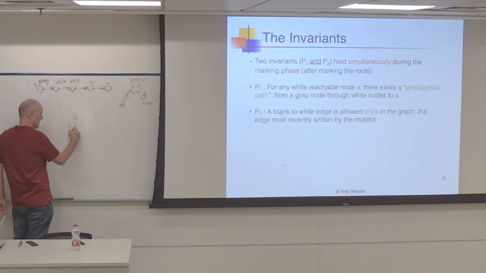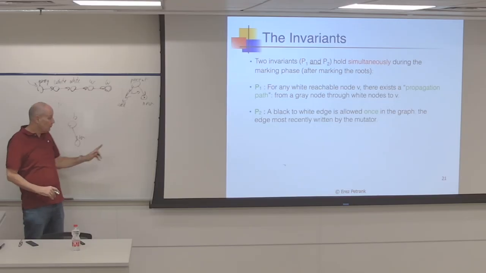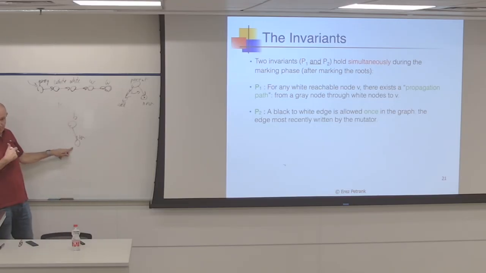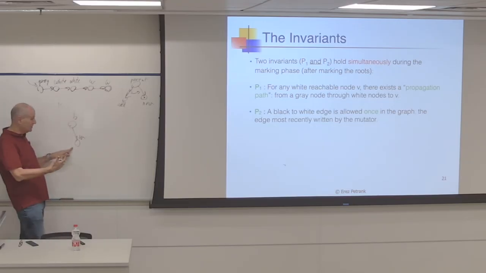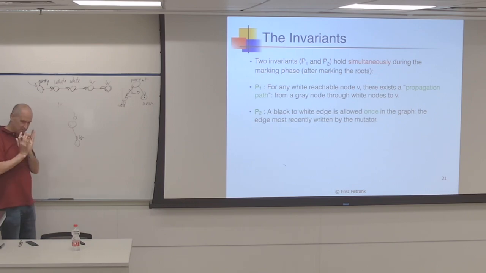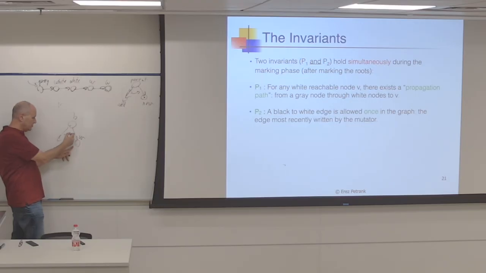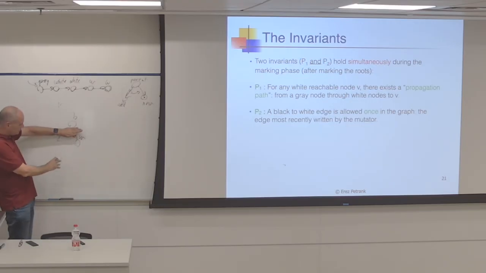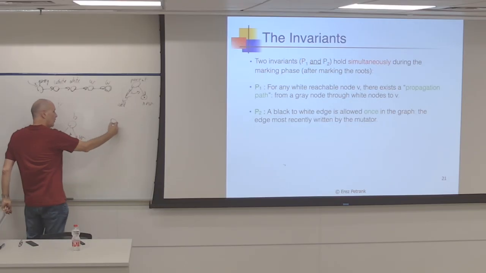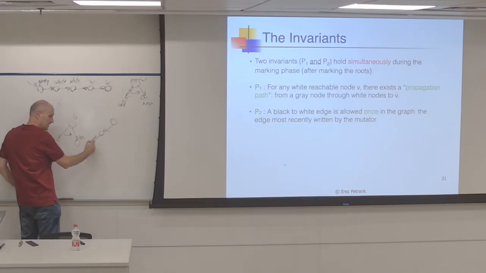You're saying this is black. It now points to this white because there was a change. We haven't shaded it yet. But what it will mean, and if you think of it, it must be this white was reachable before I did the change, right? Before I did the change, this white was reachable. So there was some propagation path.